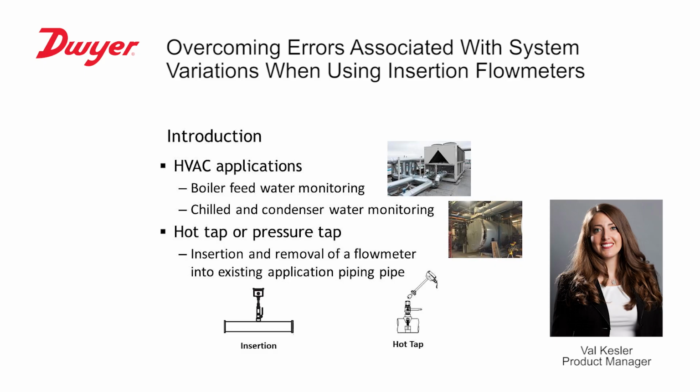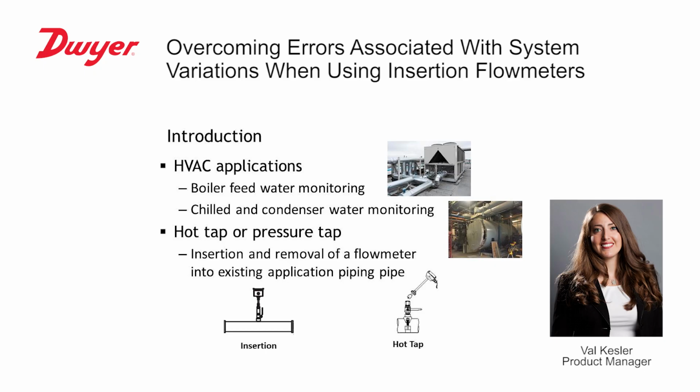Particularly with a hot tap application, you're able to utilize an isolation valve to allow you to install and remove the flow meter without having to cut down your system or drain your system of glycol. It really allows you to not only do retrofit applications where the system itself is running during the install, but it allows you to remove the unit in the event that you need to do any maintenance or calibration of the flow meter as well.